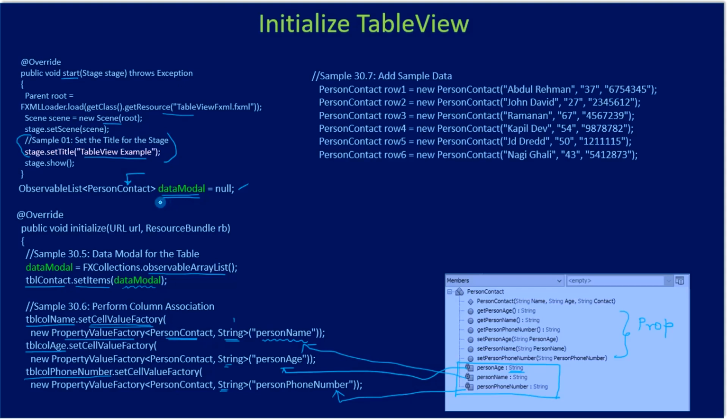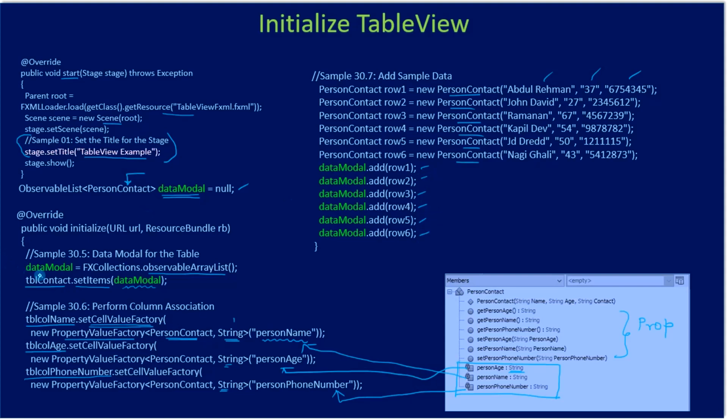All right, next, if you see, we create some sample data. We are instantiating our PersonContact class. 1, 2, 3, 4, 5, 6 instances we are creating here. This is name, age, and phone number. After creating that data, we add it to the data model.